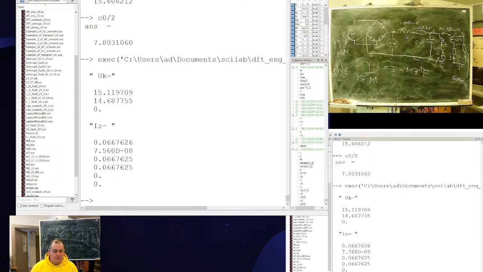Wait 1 second, where am I at this point? Yeah, I got solution. Here, between 7 and 9, 2 volts. And here magnitude, blue line.